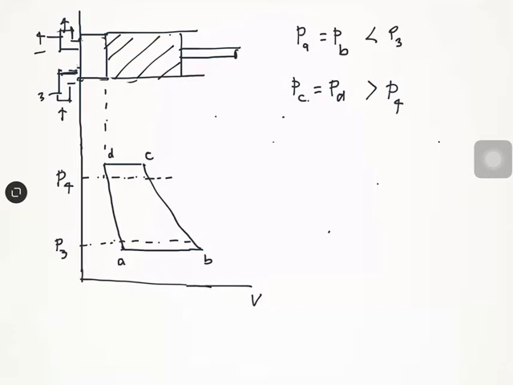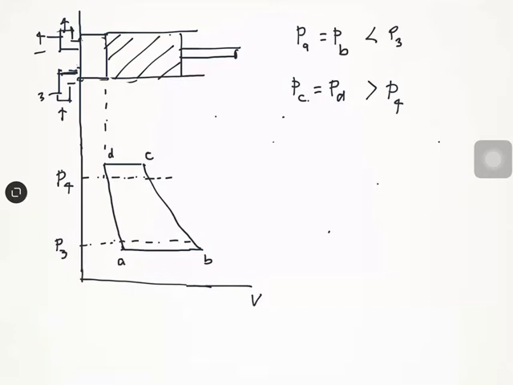At position A, the re-expanded clearance vapor may have a different state than the intake vapor, which just begins to flow into the cylinder at this position.